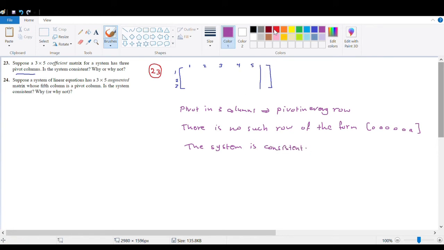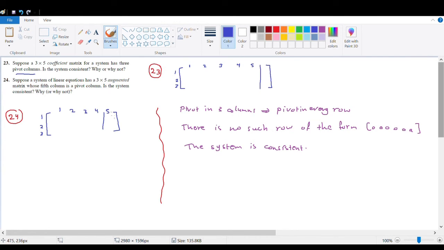For 24, it says suppose a system of linear equations has a 3 by 5 augmented matrix. So here we have 3 rows, 1, 2, 3, and 5 columns, 1, 2, 3, 4, and the last one, 5, for the B's, because it says augmented matrix whose fifth column is a pivot column.